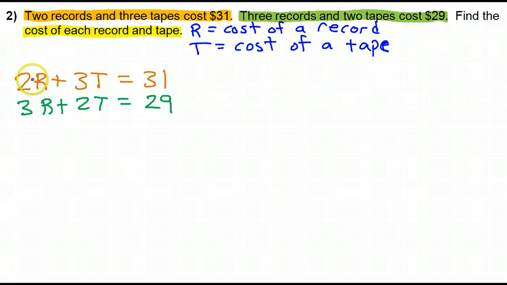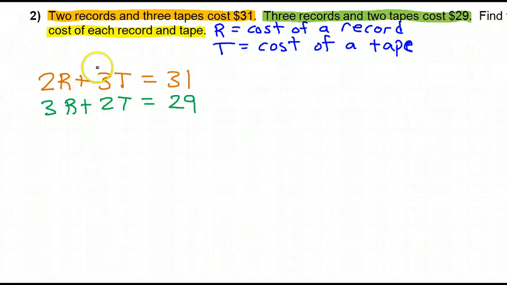I'm assuming that you said, look, Mr. Burton, all the variables have numbers in front, coefficients. The 2, the 3, the 3, and the 2. None of the variables are by themselves. None of the variables just have a coefficient of 1. So substitution would be very difficult with a lot of fractions. And we even have all the variables lined up nicely. So it's all about the elimination method for this problem.